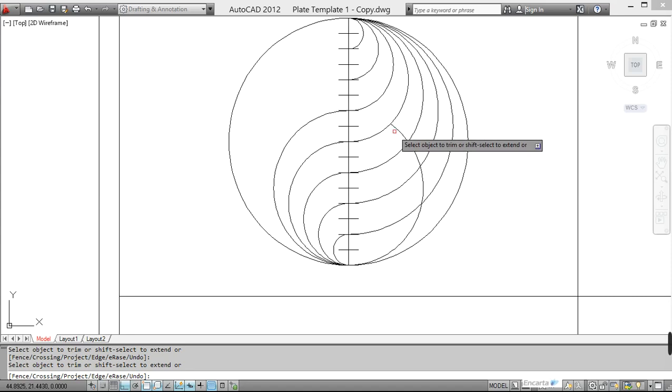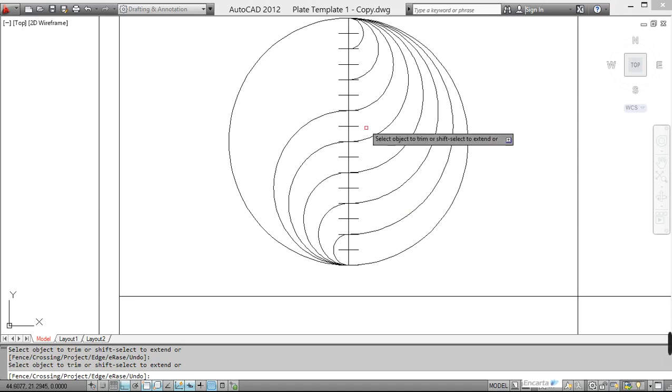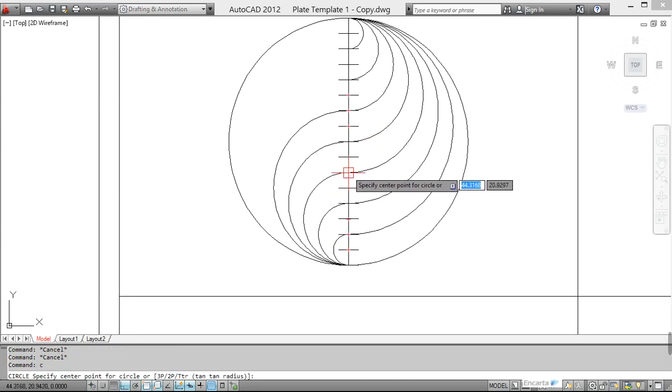So the advantage of manual drawing is that you can just draw the semicircle directly. Here, we need to trim those lines. Okay, 2, 4, 6.